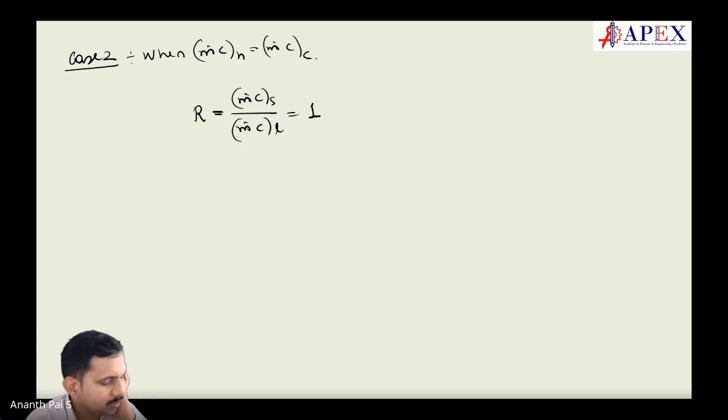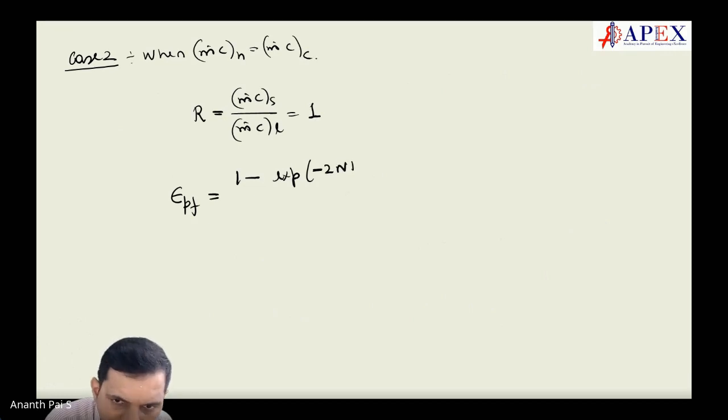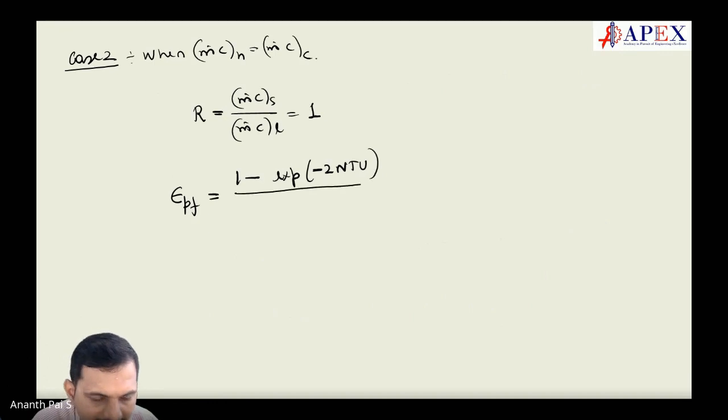So now epsilon for parallel flow becomes equal to 1 minus exponent of minus 2 times NTU, because 1 plus R, 1 plus 1 equals 2, divided by 2.